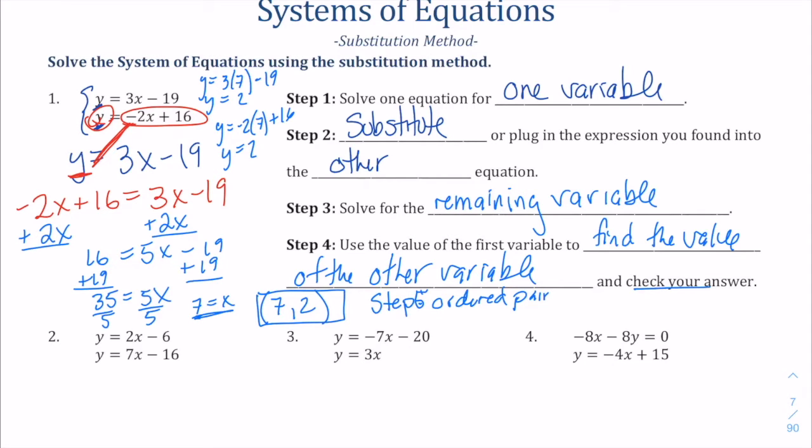Well, better than good. That confirms it. 7 is the only value for x that would get the same value for y in both equations. That's what's significant about it. If we plugged in any other number for x into those two equations, we would get different y values. So if you plug it in and you get a different y value, backtrack. There's somewhere an error in your process.